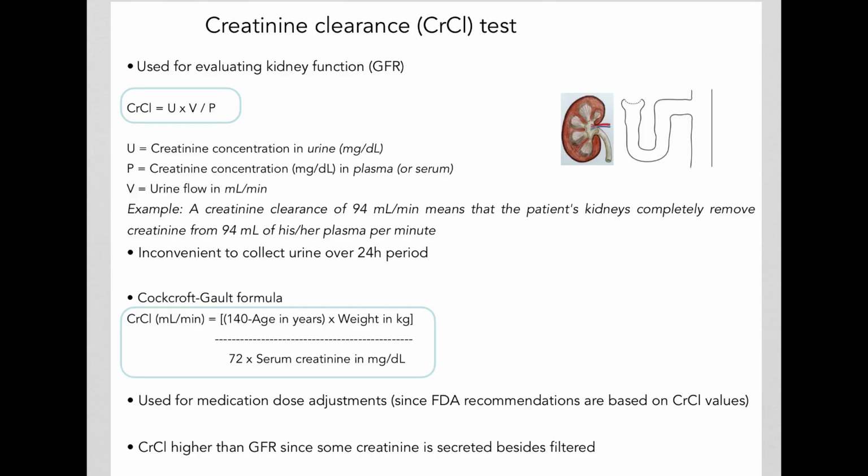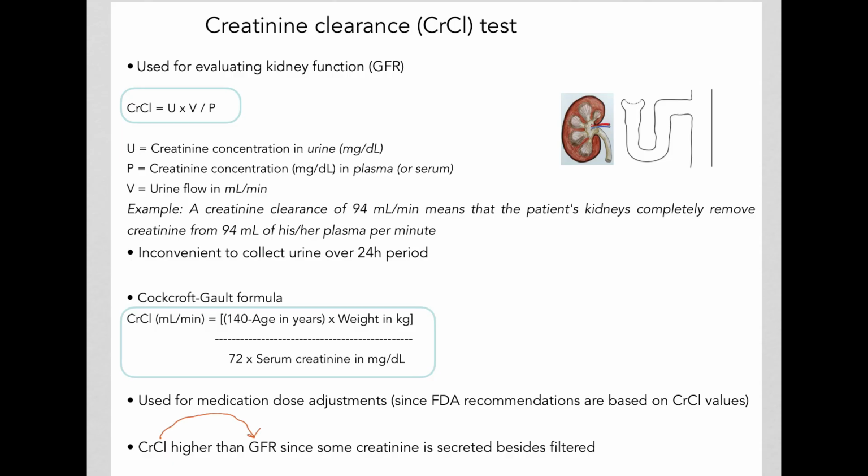Clinically, creatinine clearance is used for medication dose adjustments, and the reason for this is that the FDA recommendations are actually based on creatinine clearance. Note that the creatinine clearance is actually 10 to 20% higher than the actual GFR.